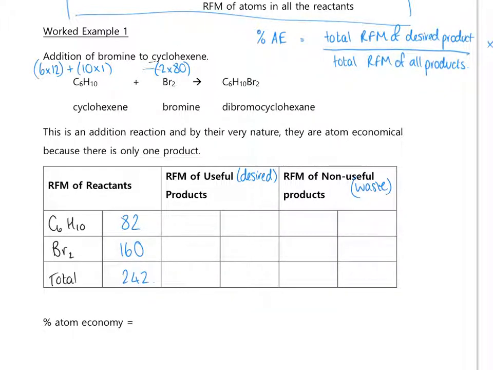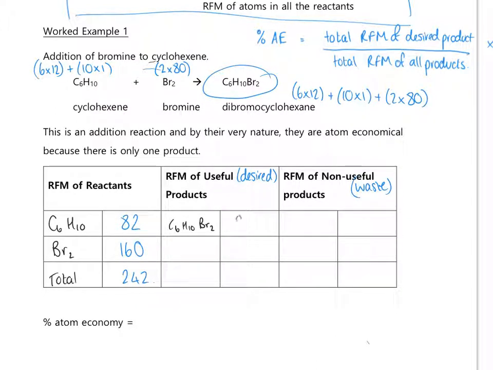Then if we look at our products, let's look at our useful products first of all. You can see we only have one product, and that's dibromocyclohexane. That's going to be our useful product here. The formula is C6H10Br2. Our RFM of that, well, we've got 6 carbons, each with a mass of 12, plus 10 hydrogens, each with a mass of 1, plus 2 bromines, each with a mass of 80.